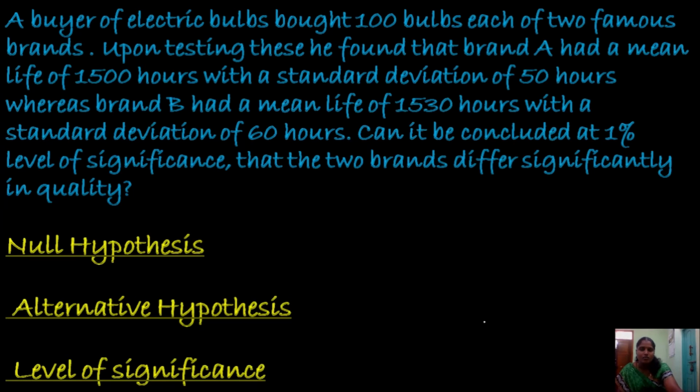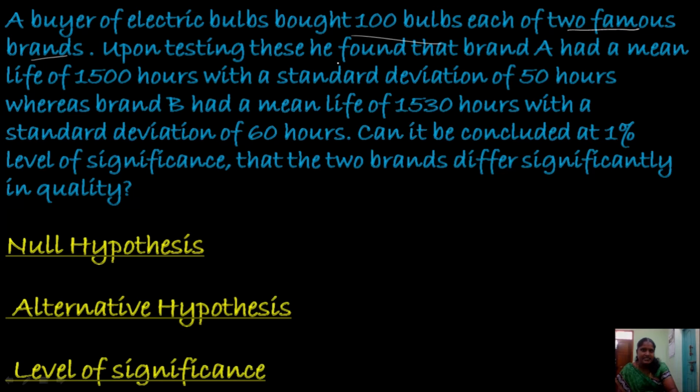Next, we shall move on to an example and explain the procedure involved in this test in detail. A buyer of electric bulbs bought 100 bulbs, each of two famous brands.